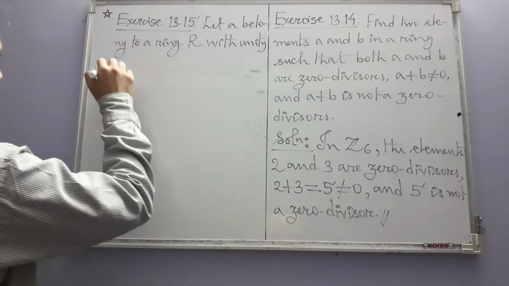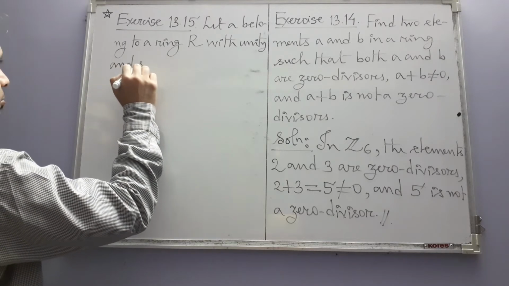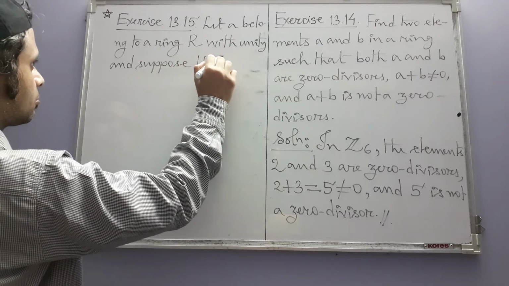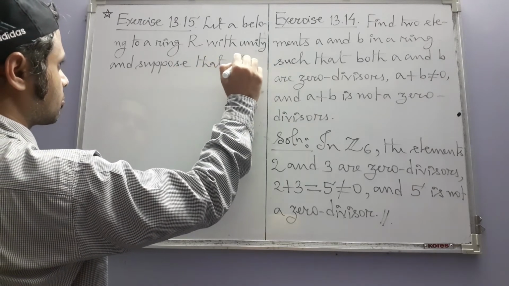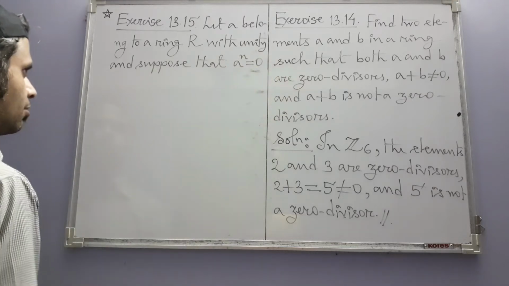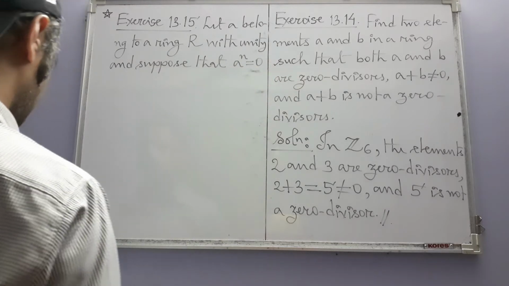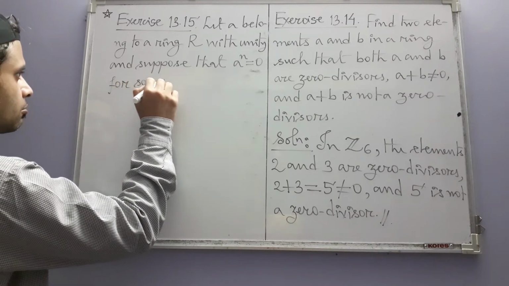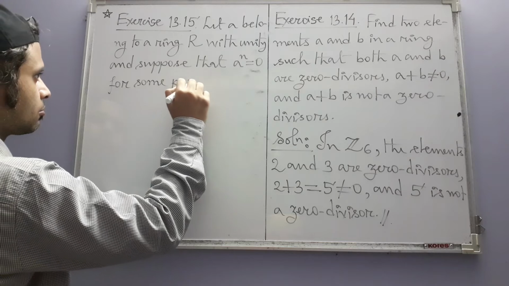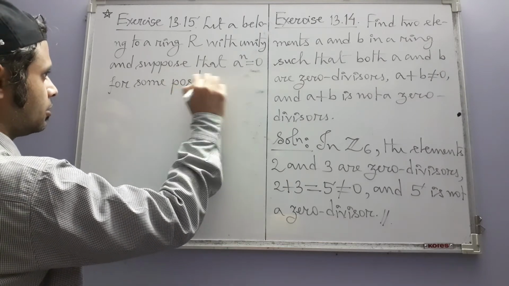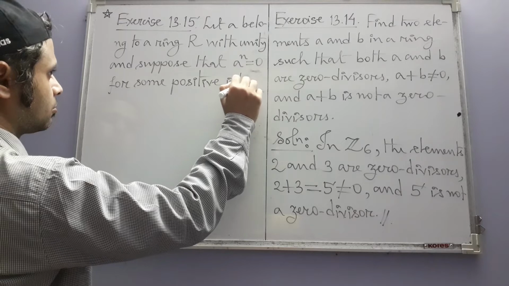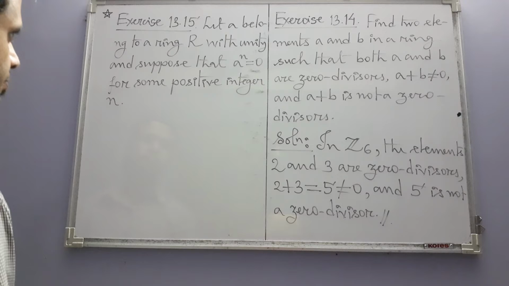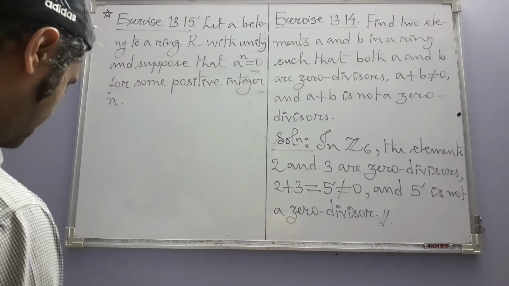And suppose that the nth power of A is 0 for some positive integer n, and such elements have this name.